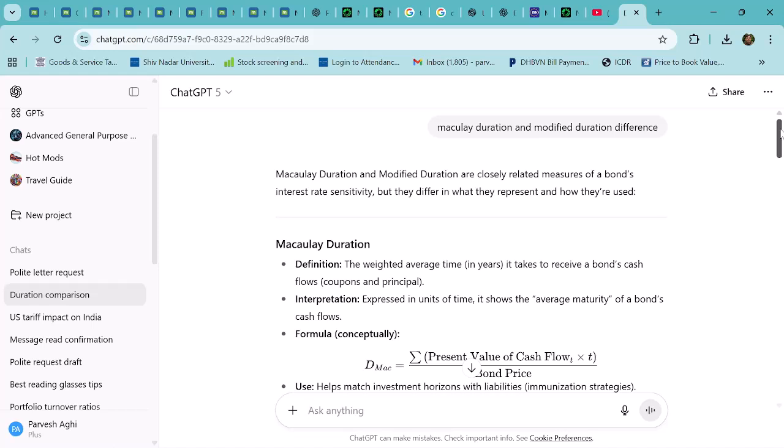So there are two kinds of names: Macaulay duration and modified duration. Macaulay was basically, I think, an American who came up with this idea, and he gave a formula for calculating the Macaulay duration, and then it was further modified, so it was called modified duration. Basically, it tells you how the bond is going to behave when the interest rate changes.